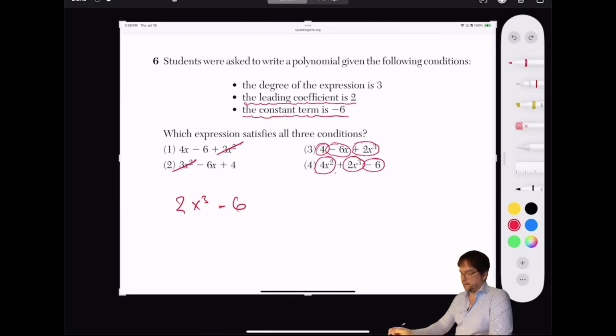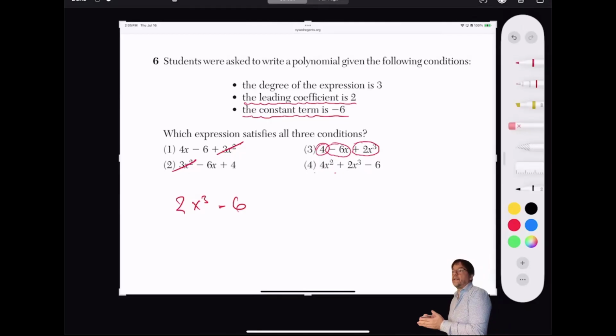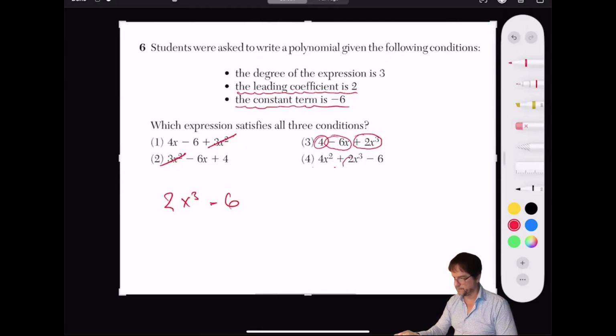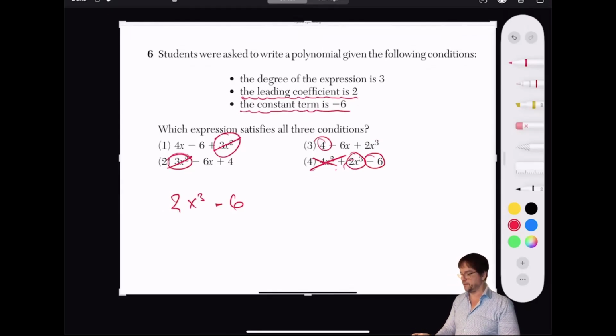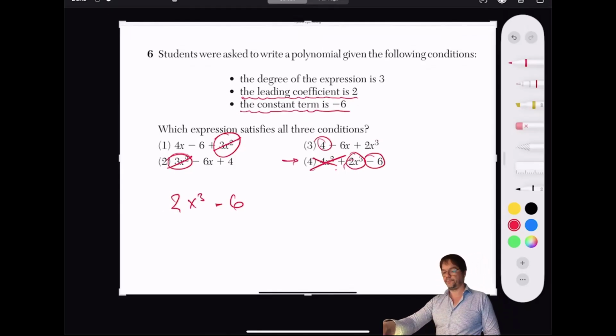Okay, because look, here is coherent. He didn't say that we cannot have anything else, but at least we need to have this 2x cubed minus 6. Here I have 2x cubed. And we have minus 6. It doesn't matter if we have this, because in the other ones, for example, here we don't have minus 6, here we don't have 2x cubed, here we don't have 2x cubed. Okay? So it's the number 4. Is that okay for you? Okay.